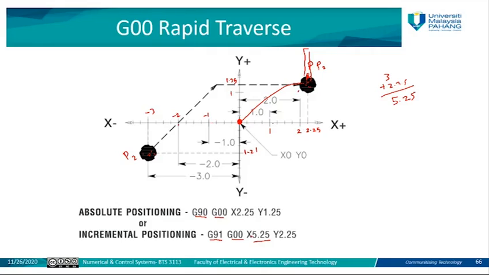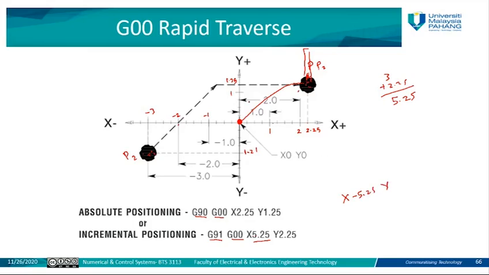So the sign of these points or of this coordinate depends on whether I should go left or go right. If I'm moving from B2 to B1, it becomes a positive value, because I am moving to the right of the x-axis with respect to point B2. If I move from this point, this coordinate will become x negative 5.25.